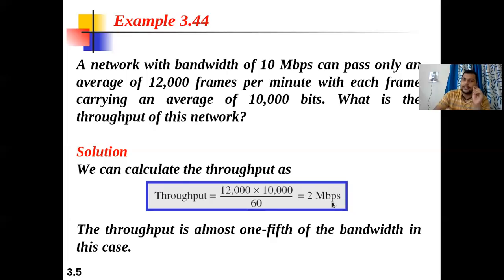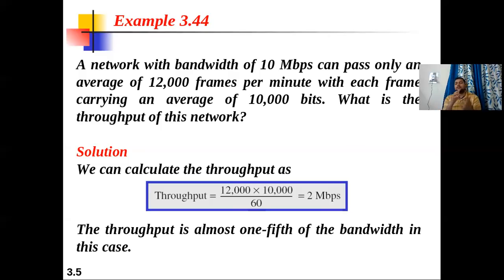So in 1 second, how many bits are we sending? 2 into 10 raised to the power 6 bits per second, 2 Mbps. Though the bandwidth is 10 Mbps, we are not utilizing that bandwidth to its fullest. Though the capacity is there, the throughput is less.